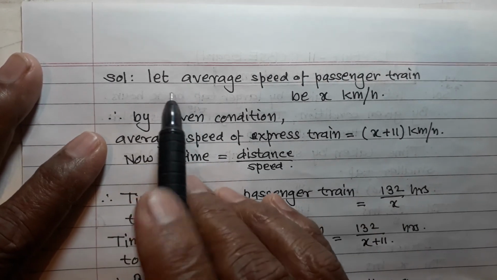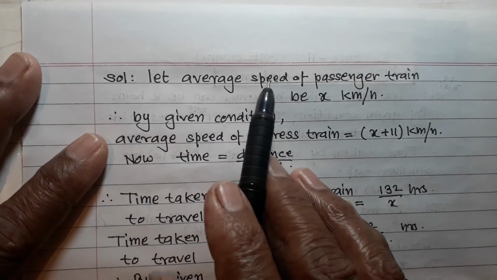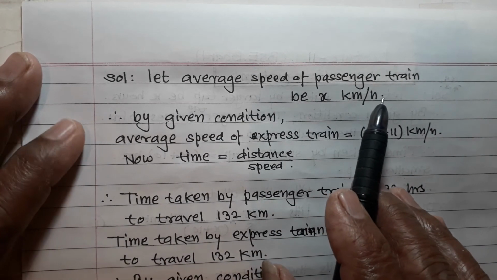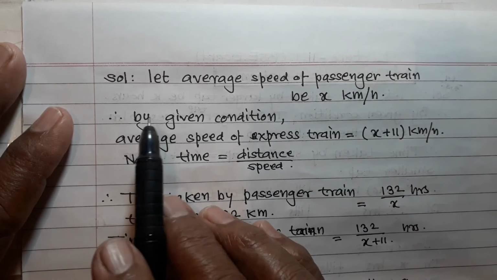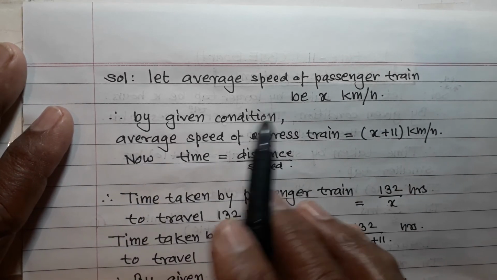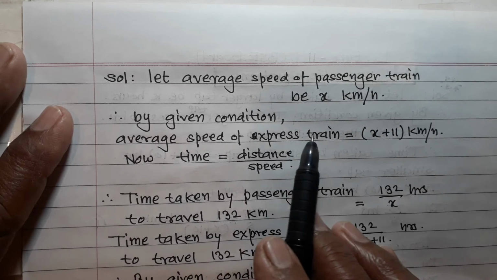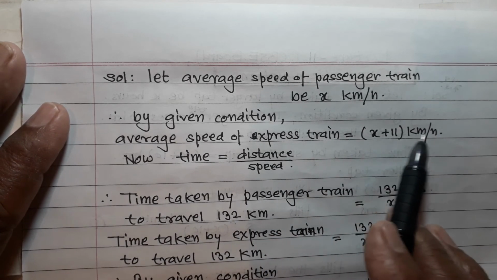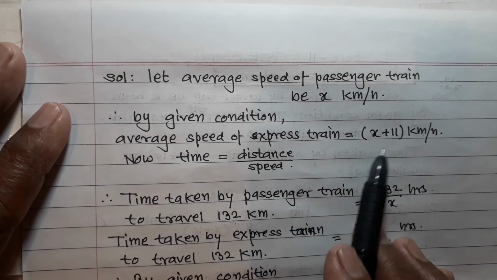Solution. Let the average speed of the passenger train be x km per hour, and therefore by the given condition the average speed of the express train is equal to x plus 11 km per hour.